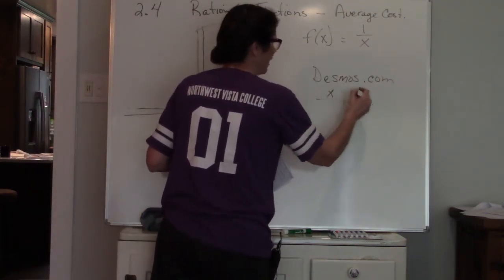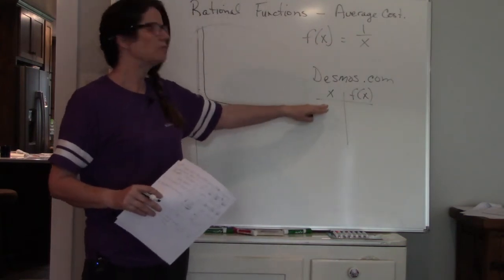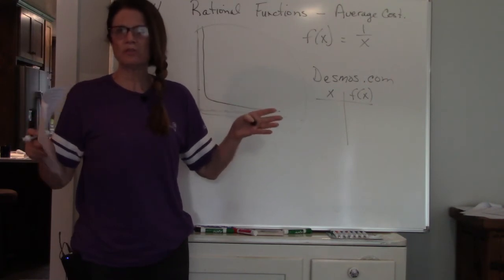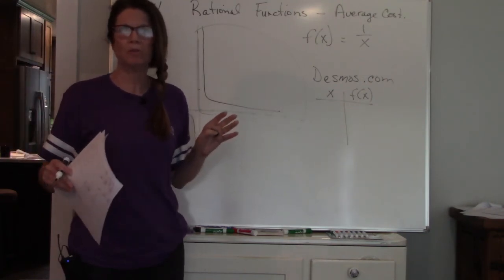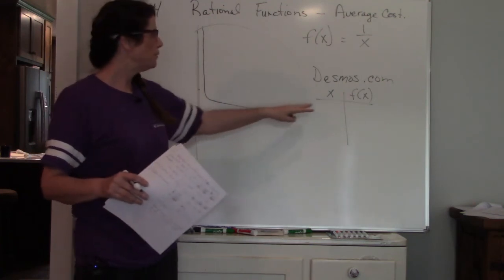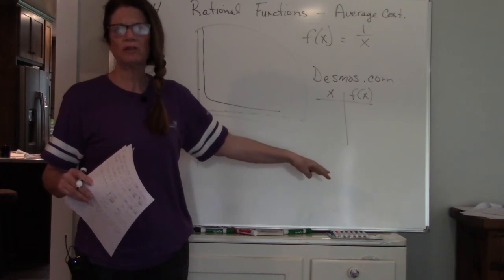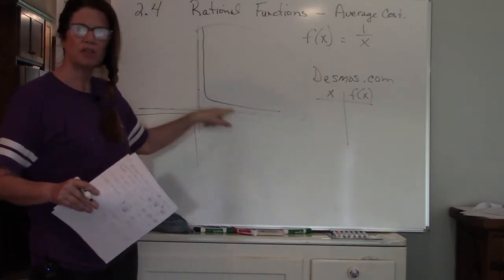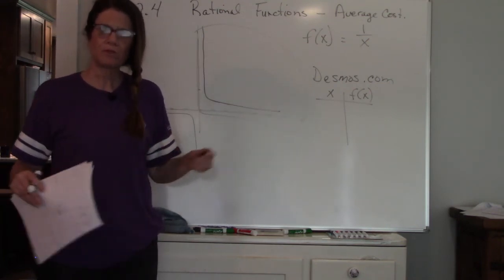You have your x and your f of x, and you can randomly pick values. You're going to have domain restrictions, like on number 1, I believe it's 1 to 30. It may change a little bit depending on which version you get, but you can just use those values. Pick some values between 1 and 30 and plot points. You know it's going to have this type of shape, so you can get a good idea of what it looks like.